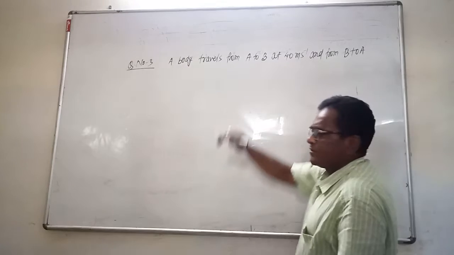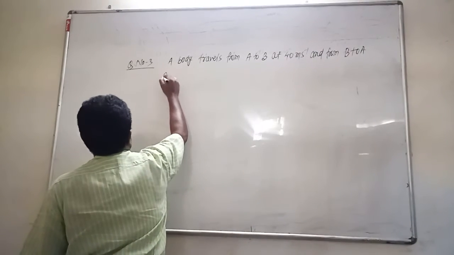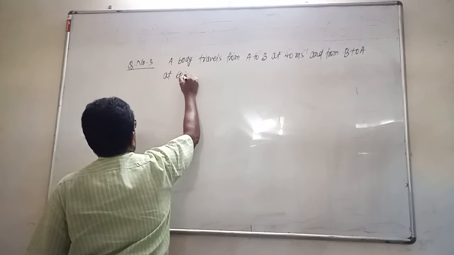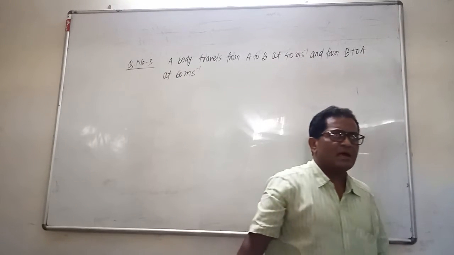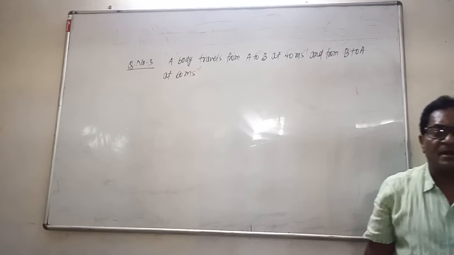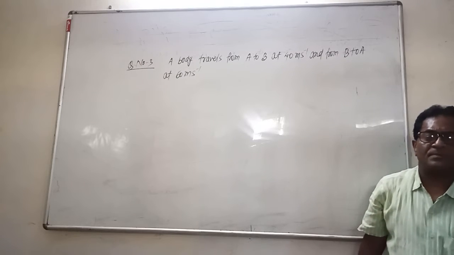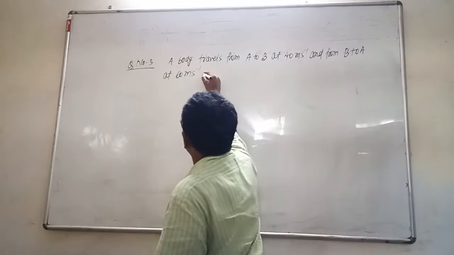It returns back from B to A at 60 meter per second. So calculate the average speed and average velocity.